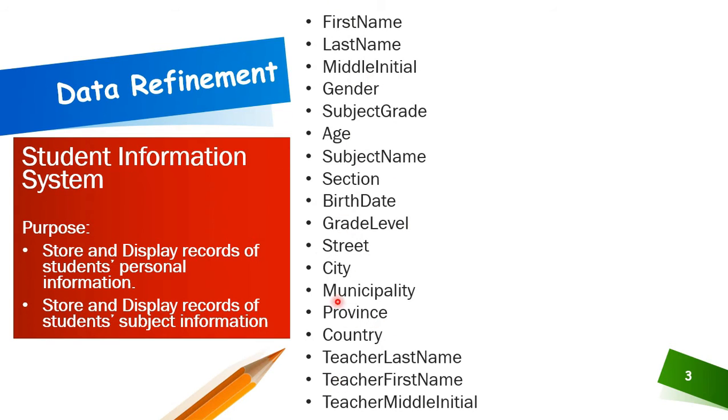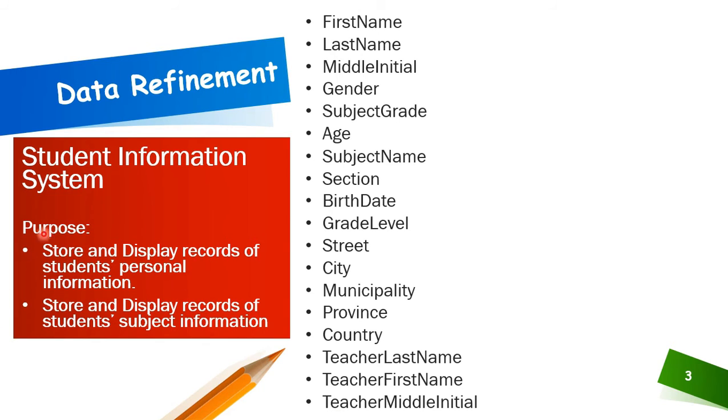Now, how are we going to identify the tables of our database? We cannot just create tables randomly. Last time I said that working with database means working with tables, but we cannot just create any table. We need to identify first what kind of table is needed for our database.